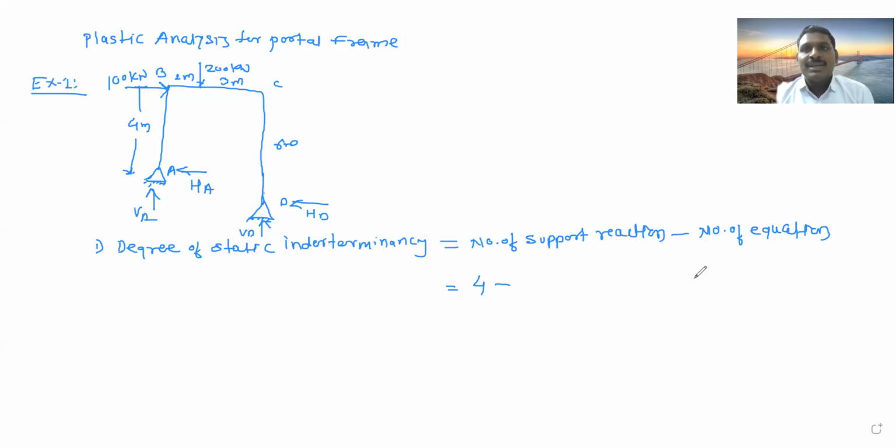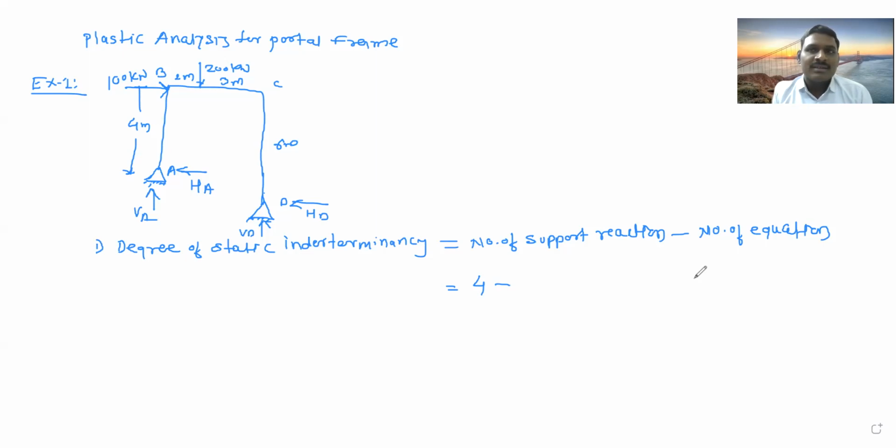It means summation of vertical forces is equal to 0, summation of horizontal forces is equal to 0, and summation of moments is equal to 0. If a building is stable, these 3 equations are satisfied. This is very important as a civil engineer.